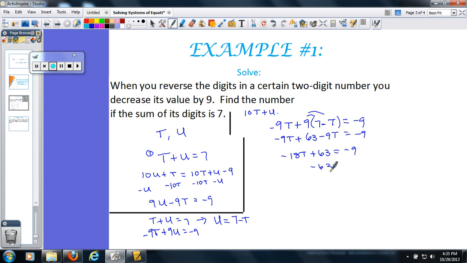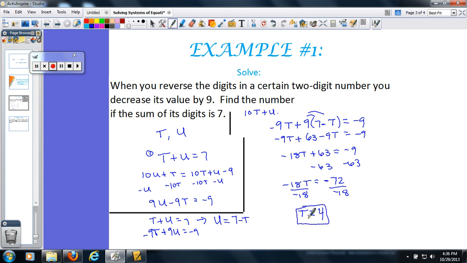I'm going to subtract 63 from both sides, and I get negative 18t equals negative 72. I'm going to divide by negative 18, and t equals negative 72 divided by negative 18, which is a positive 4. So my t is 4.